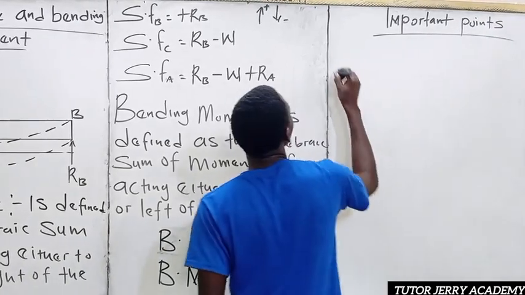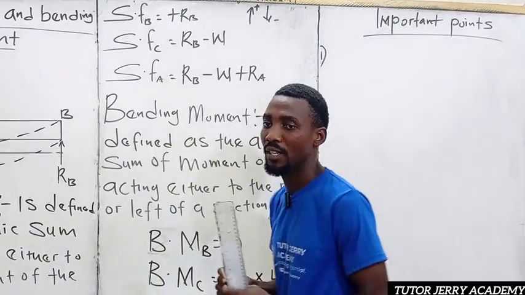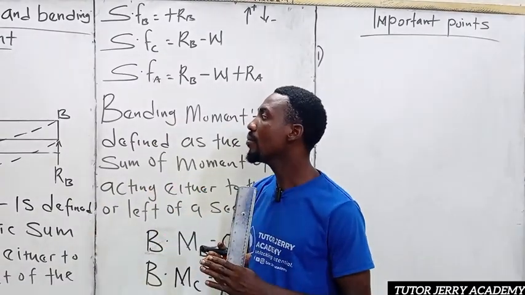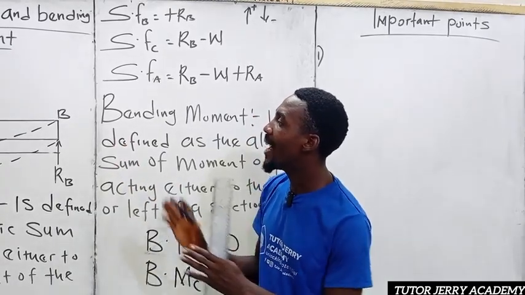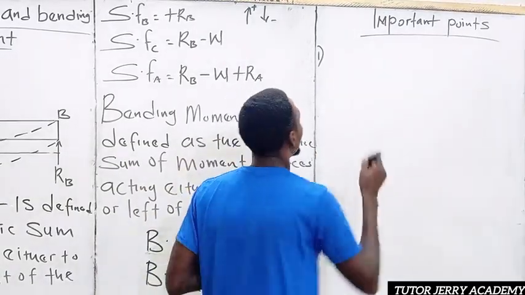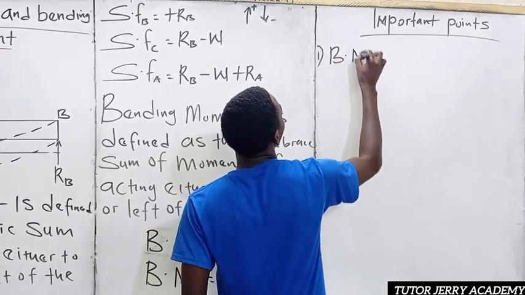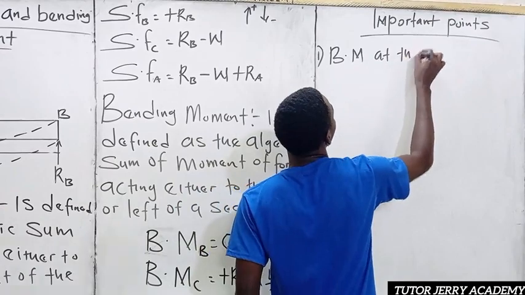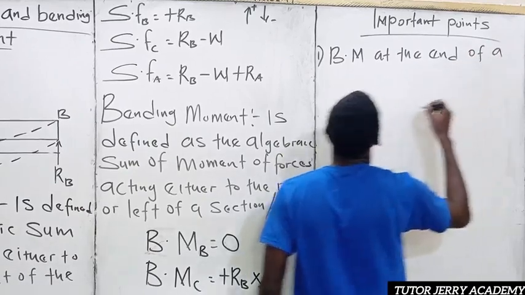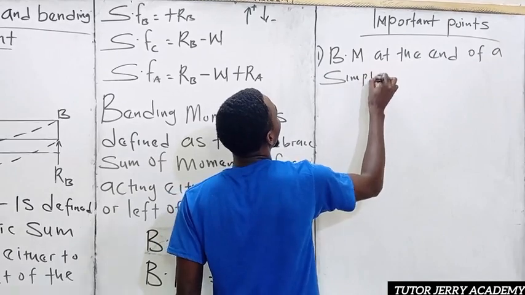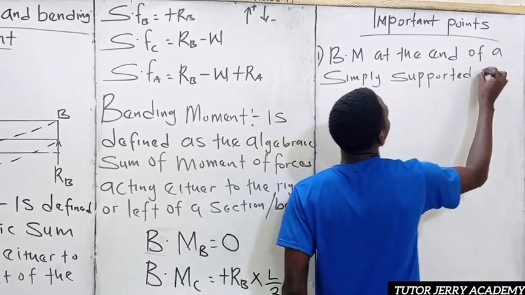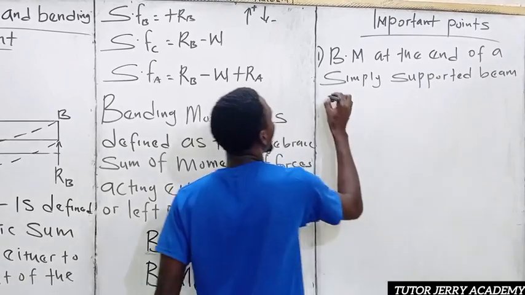The first thing you need to know is that the bending moment at the end of a simply supported beam is 0.